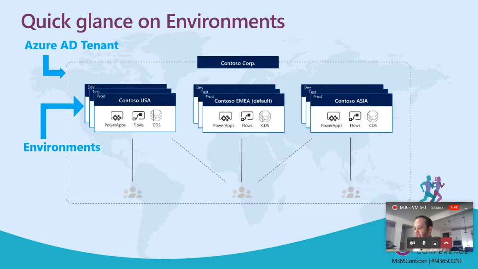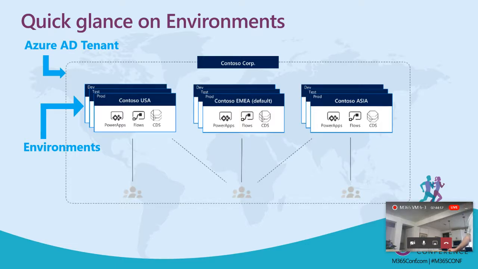By default, all users are allowed to access and create applications in the default environment the moment we have the Power Platform in place. Then there are non-default environments that can be created by licensed Power Apps, Power Automate, and Dynamics users. Creation can be restricted to only global and service admins via tenant settings.